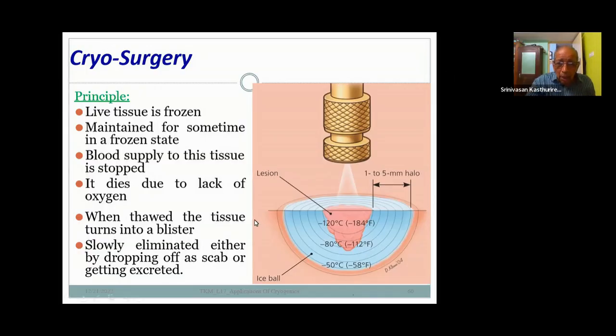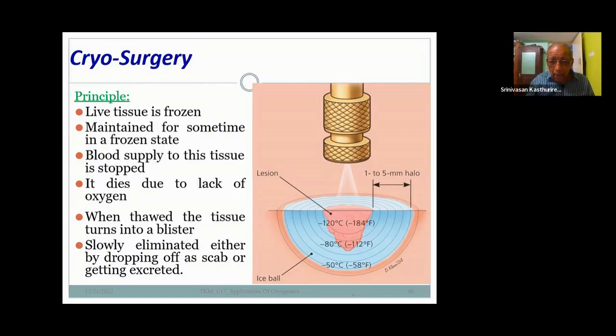For example, I have a probe here, and using the probe, liquid nitrogen enters at one side and gradually comes out. This makes a small jet and falls on the patient's live tissue, whatever the area is. So this tissue is now frozen.